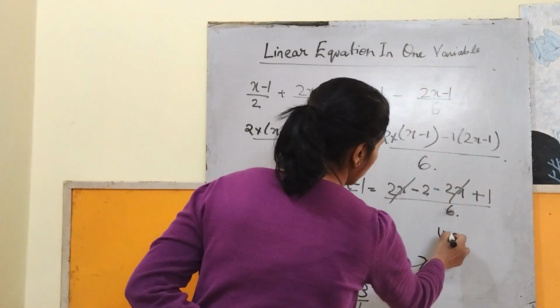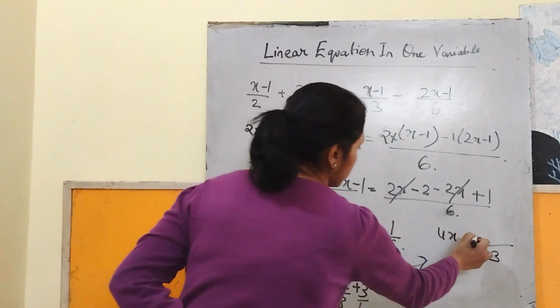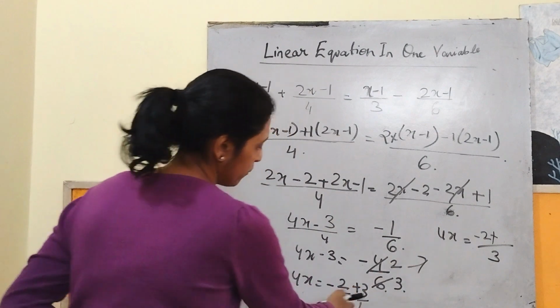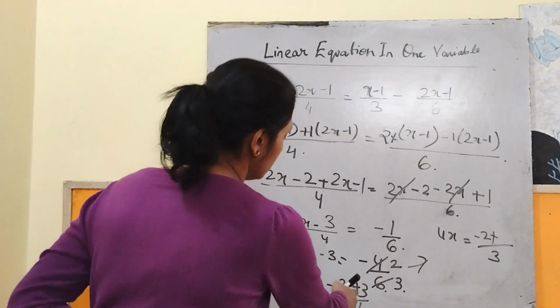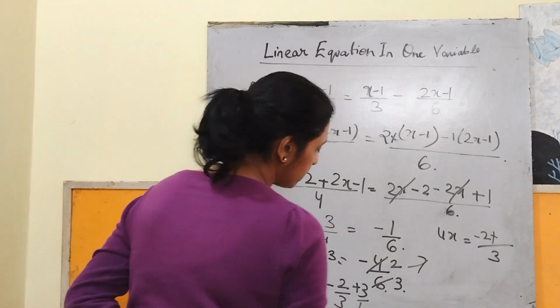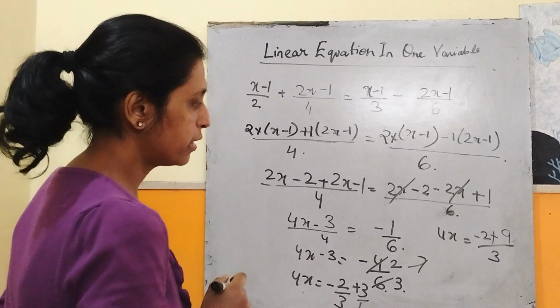So it will be 4x is equal to minus 2 plus, here 1 and 3's LCM will be 3 only, so 3 will be multiplied here. 3 3's are 9.